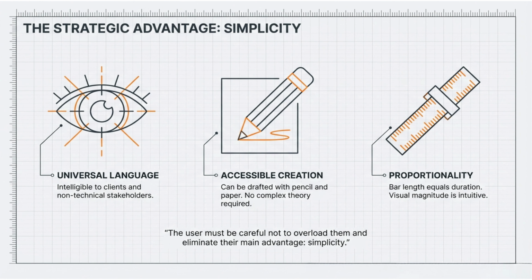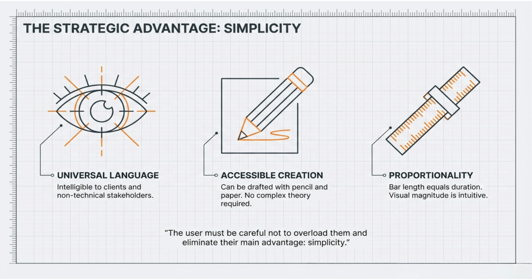We've covered a lot of sophisticated applications, so let's come back to first principles. Why, after more than a century, does the Gantt chart still dominate? 3 reasons, 3 words: universal, accessible, proportional. First, universal language.